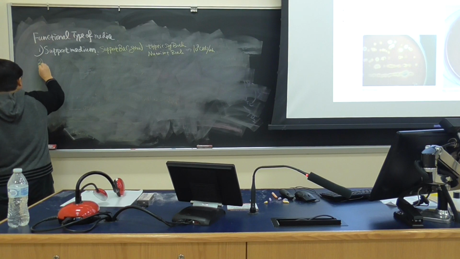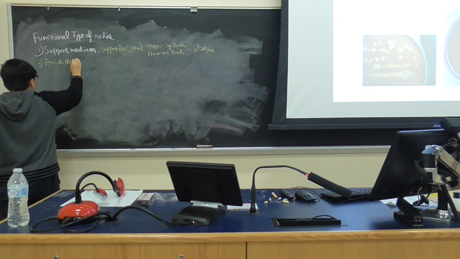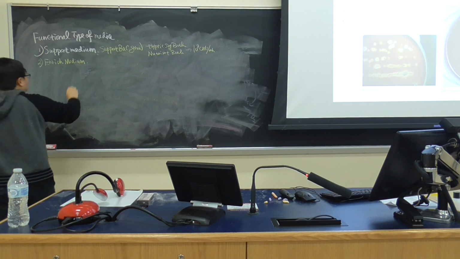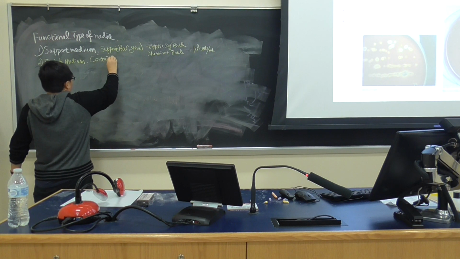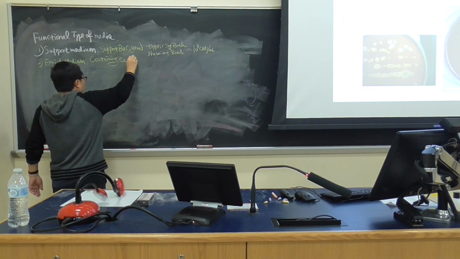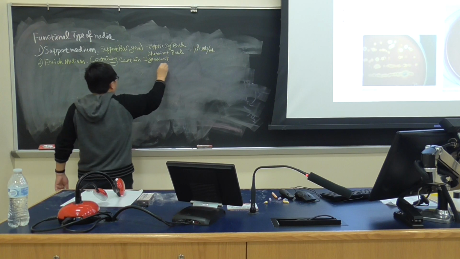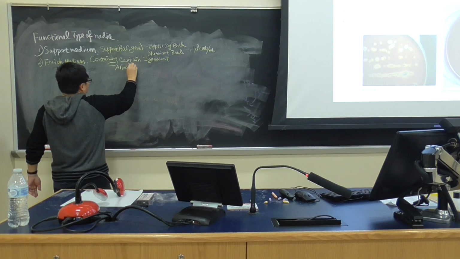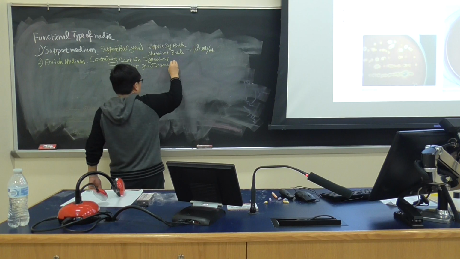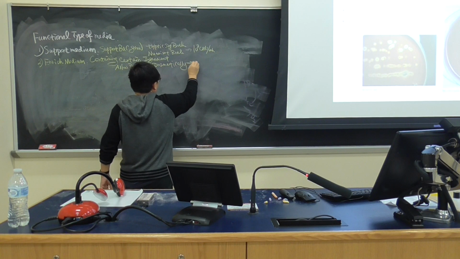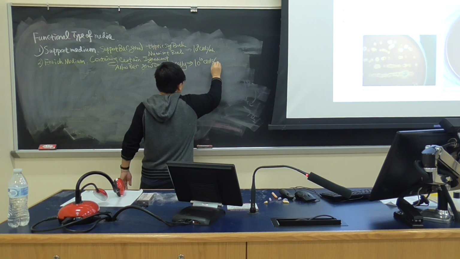Second one is enriched medium. What is enriched media? The media containing certain ingredients will allow the bacteria to grow dramatically. And how dramatically it is, they can grow up to 10 to the power of 10 cells per ml.